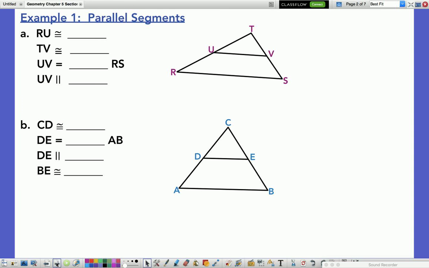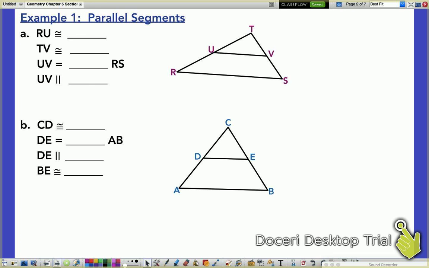All right, so we're going to take a look at this and see what we can discover. So RU, right here, what would that be congruent to? Okay, remember that U and V are part of this midsegment. So they're dividing the sides into congruent parts.